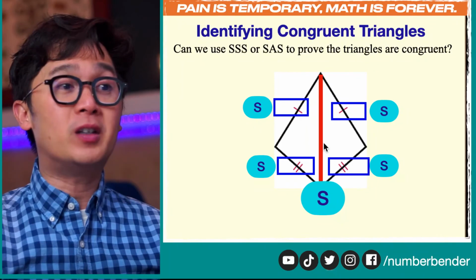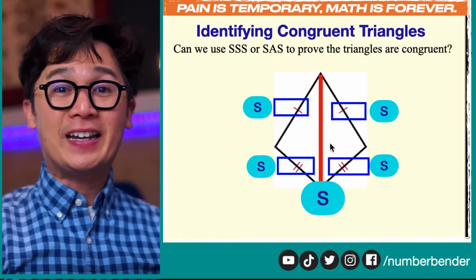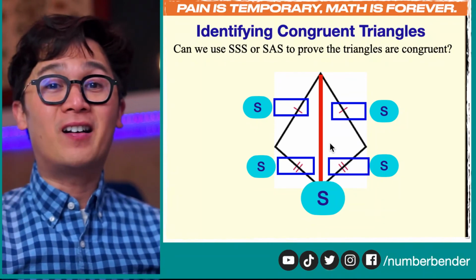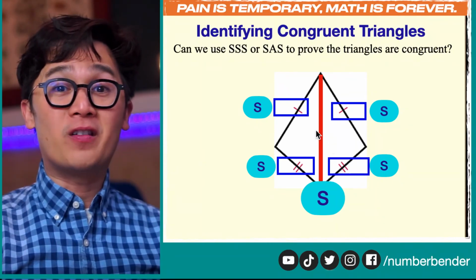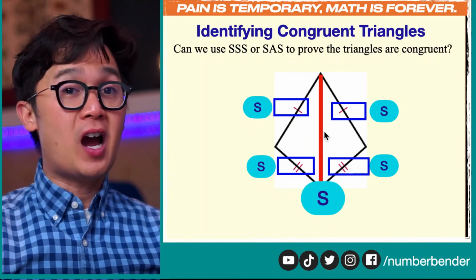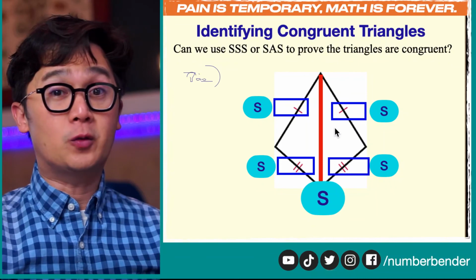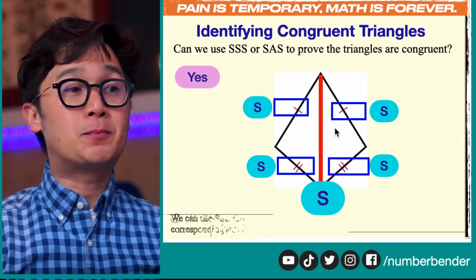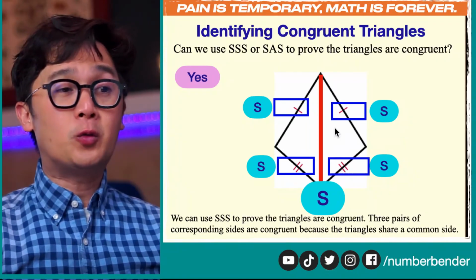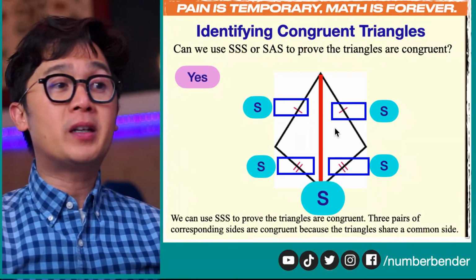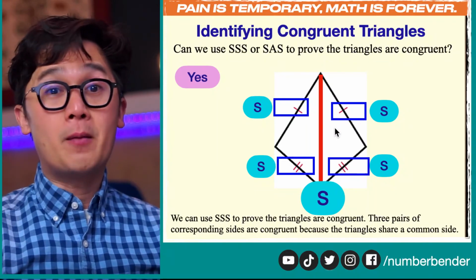Because if we separate these two triangles, we are seeing visually that they are indeed congruent because this leg right here is congruent in triangle 1 and triangle 2. So using the SSS postulate, we can say that we have proven that the triangles are congruent because the three pairs of corresponding sides are congruent, since the triangles share a common side.